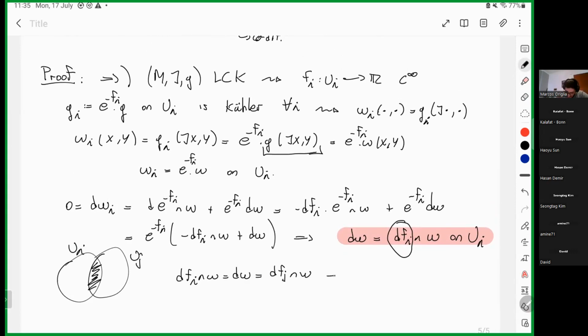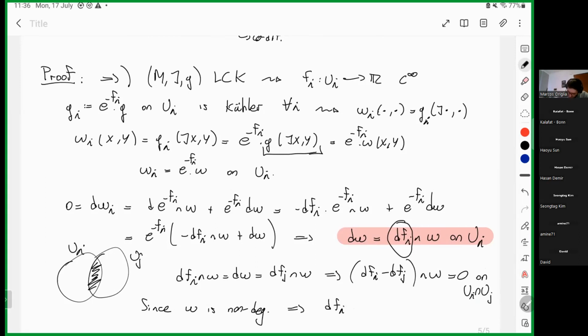Okay. So if we take everything to one side, this has to be 0 on U_i intersection U_j. But since omega is non-degenerate, the only possibility for this wedge being 0 is that df_i minus df_j has to be 0.